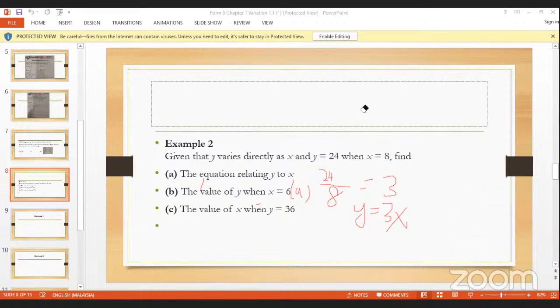For C, right? The value of x when y equal to 36.